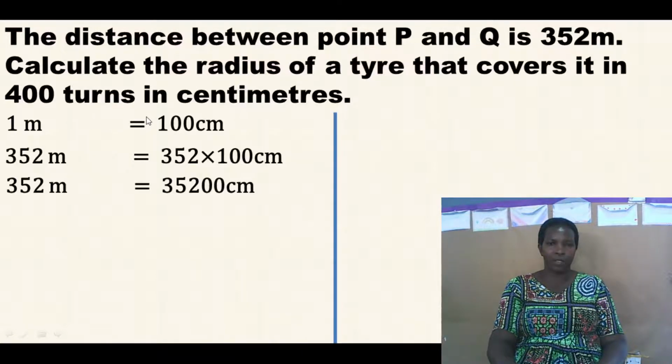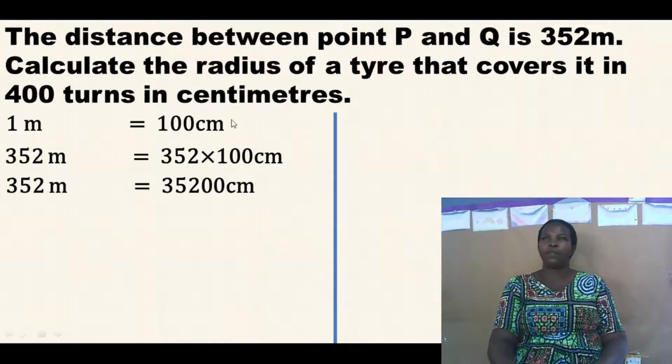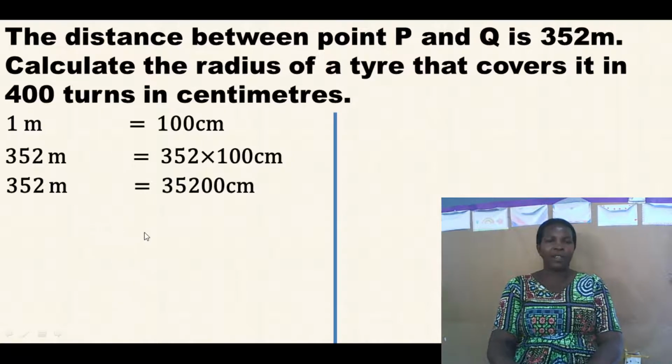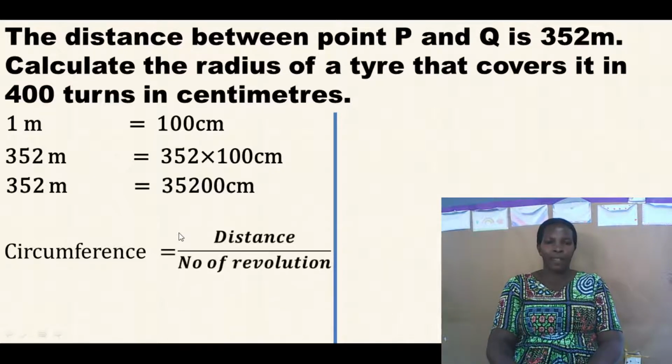Now, having got the distance between point P and Q in centimeters, our next target is to look for the circumference. But remember, who of you can recall how we calculate circumference given the distance and the number of turns? How do we calculate circumference, my dear boys and girls? Yes, circumference is equal to distance over number of revolutions.